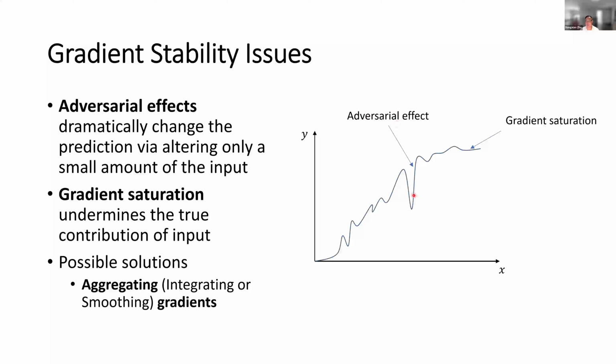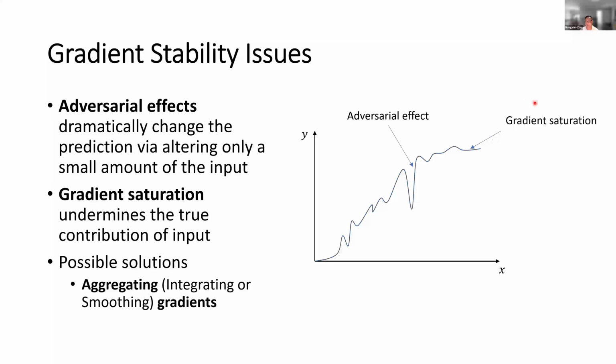That means even if you change the input slightly, the prediction changes a lot. That's called the adversarial effect. This challenges a traditional explanation-based approach. If you use one image for explanation and change it slightly, it gives you a very different explanation.